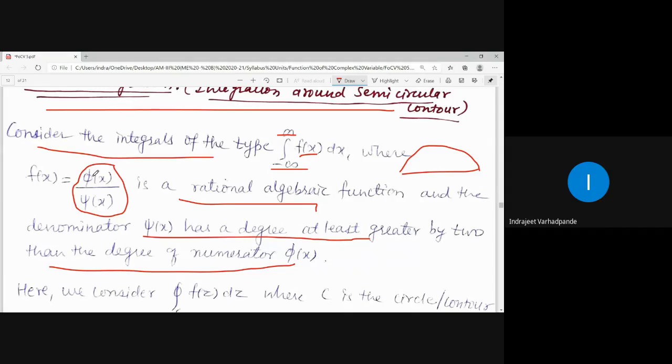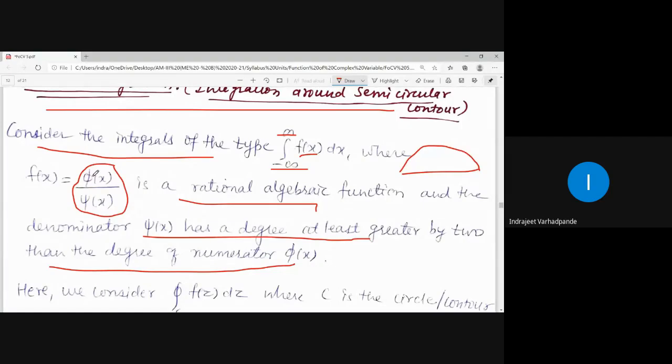So in that particular example of the unit circle, the limits were 0 to 2 pi, so I calculated the poles appropriately by proper interpretation and then tried to find whether the poles lie inside or outside. The substitution for cos theta was 1 by 2 into z plus 1 by z, and for sin theta it was 1 upon 2i into z minus 1 by z.